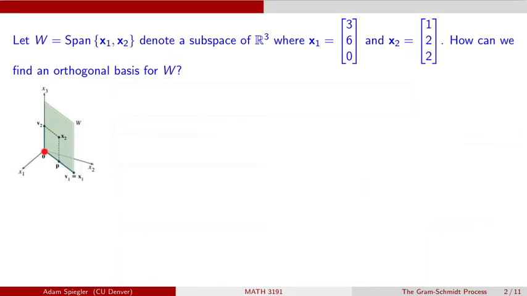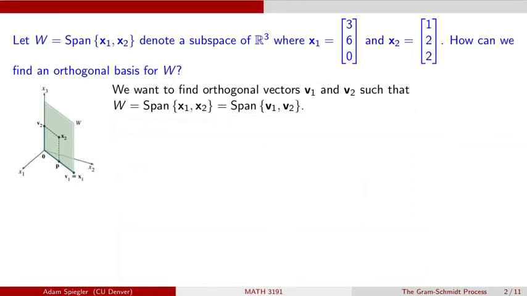So what I would like to find is two vectors, v1 and v2, that are orthogonal to each other and span this subspace W. So we can start this process by saying, let's identify two vectors, v1 and v2, that span the same subspace W, but now when I take the inner product of v1 with v2, we should get 0, so that those two vectors are orthogonal to each other.